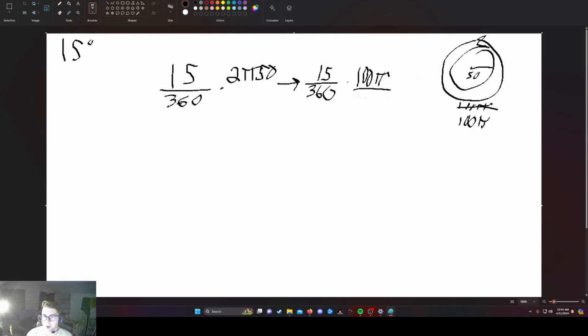When I multiply it by this fraction, this will tell me one of these segments, not the whole thing, just the measure of the segment arc. This would simplify to 1/24th. So we know there are 24 segments. If we reduced this times 100 pi, we are really dividing by 24.